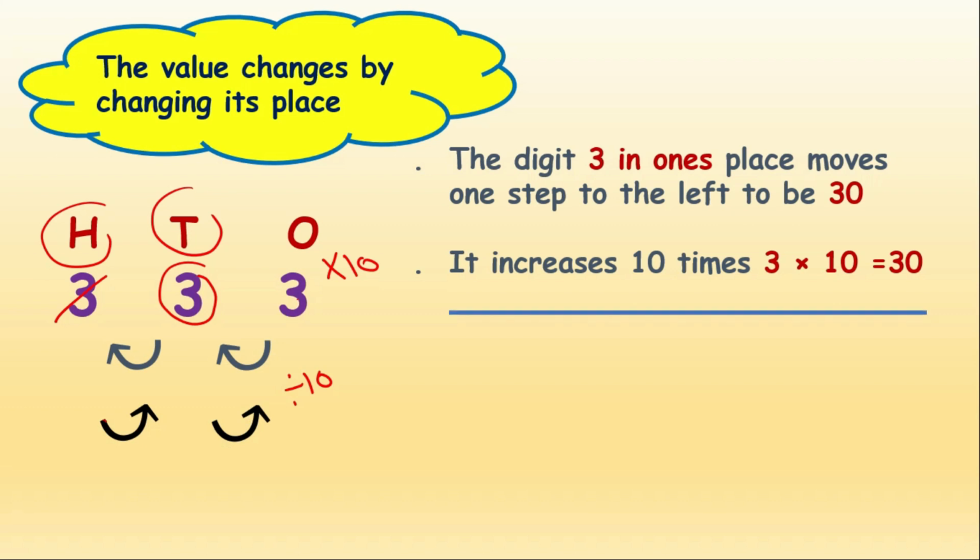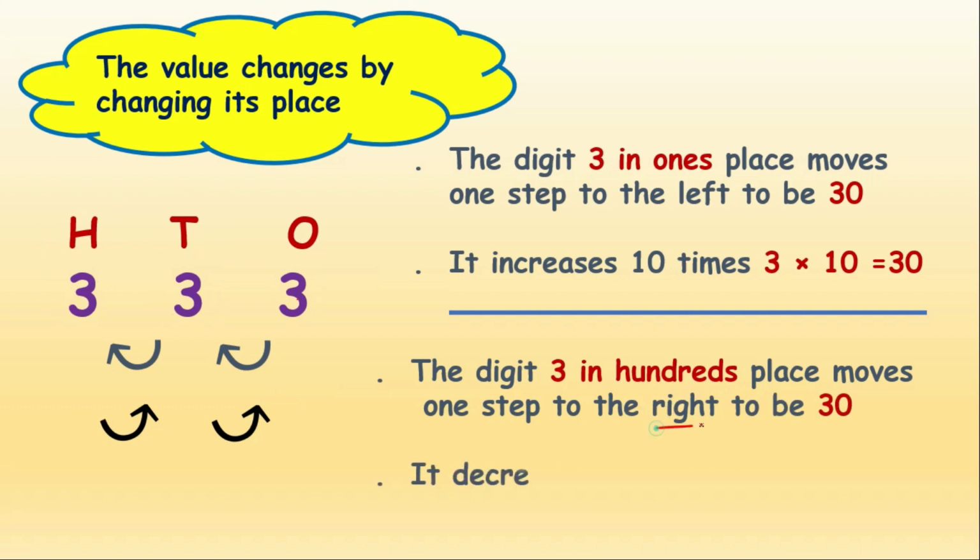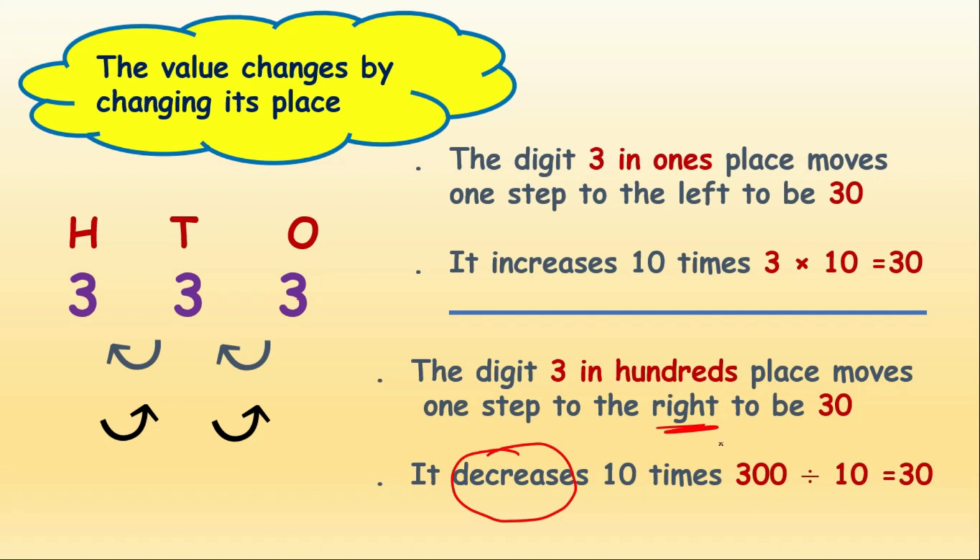Okay, so the digit 3 in hundreds place moves one step to right. Okay, to right to be 30 and decreases 10 times. هي كانت 300 وعملت divided 10 بقت 30.